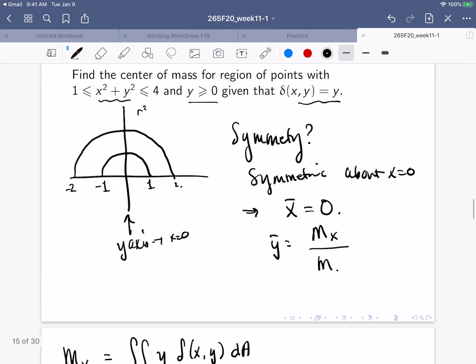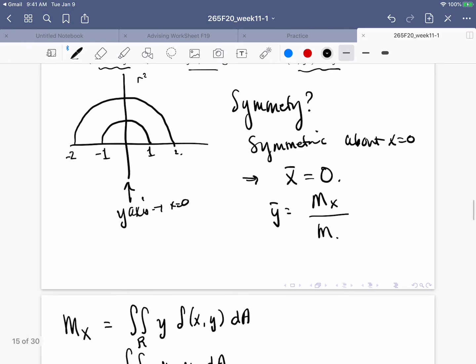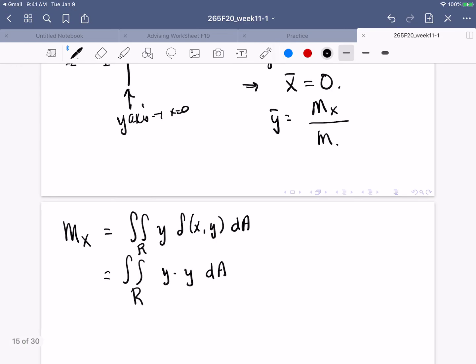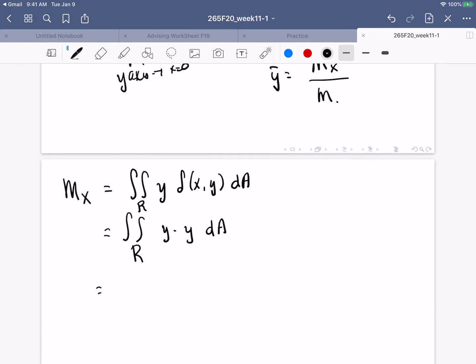Because my region does seem like it's in radii, expanding from a radius of 1 to 2, let's go ahead and change this to polar form. So r goes from 1 to 2. Theta is going to go from 0 to pi because we're staying in quadrants 1 and 2. Y squared, well, y is r sine of theta. Therefore, that gets squared, and then dA is r dr d theta.